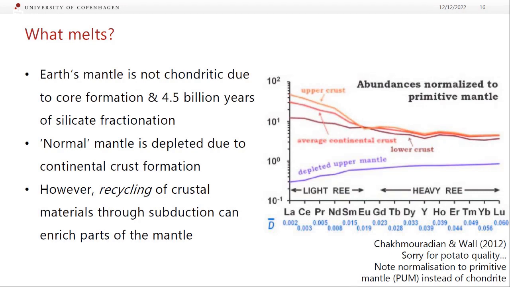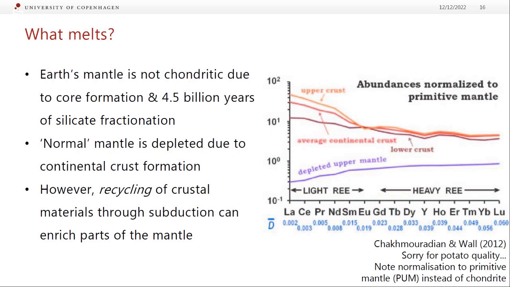Now, Earth's mantle is not chondrite because we made a core, and then there's been 4.5 billion years of melting, making crust, all sorts of stuff. So normal mantle is what is usually referred to as depleted upper mantle, because it's slightly depleted, especially in light rare earths, because we formed continental crust that has quite high light rare earths.